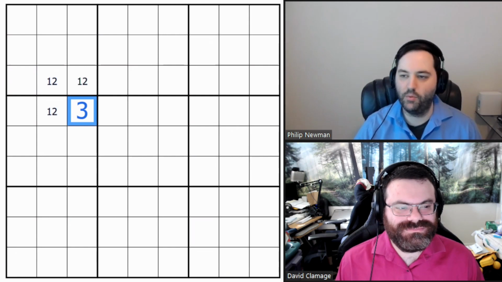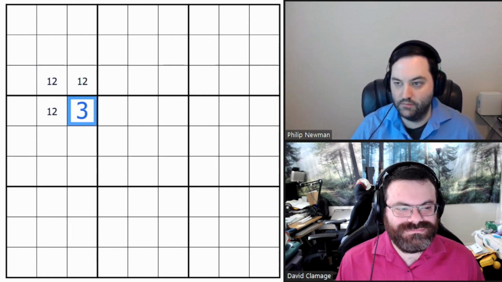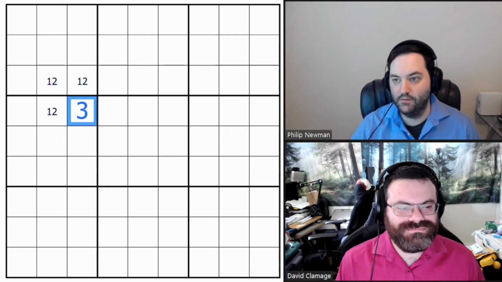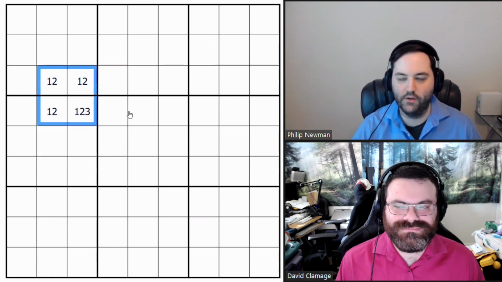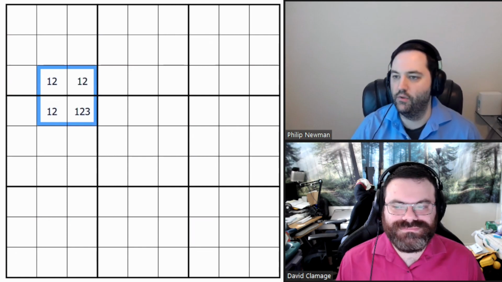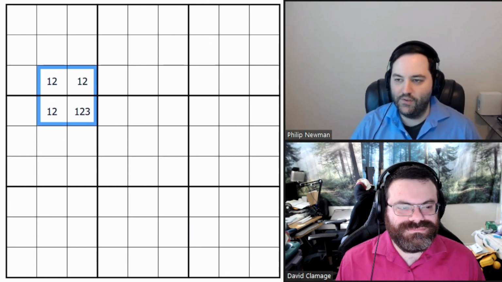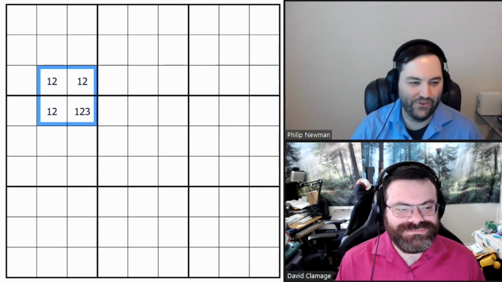But there are publications out there that will publish Sudoku puzzles that have more than one solution. If I don't know that it's unique, I can still try and fill in a 3 here, and I might find a solution. But I might not. It may be that there are exactly 2 solutions, and they correspond to that deadly pattern of 2. You just don't know. So you can only use this if you trust the source.